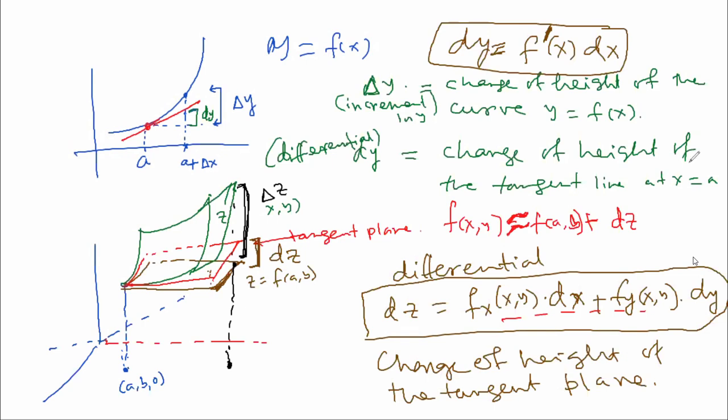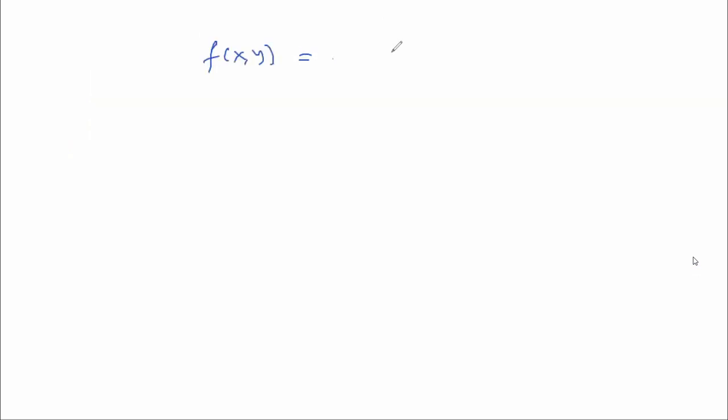Okay, let's do a concrete problem. So suppose you have f of x, y equals e to the negative xy cosine y, and you're considering the point (pi, 0).